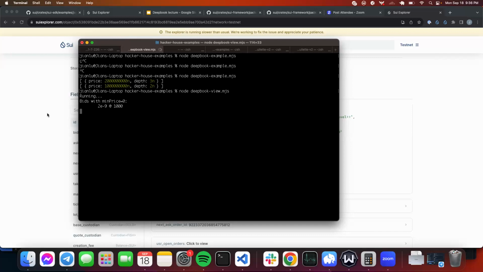Wow, it's really slow. But yeah, this is the price level. There's a depth of two. Same ways to view. This is just pre-printed for the level. This would be what the level 2 order status looks like. And then this is just the direct data structure from DeepBook itself.